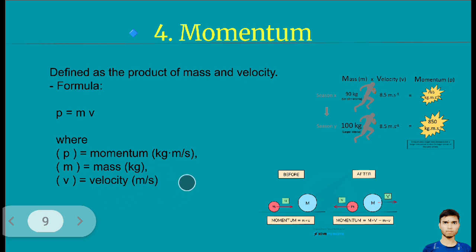That's why it is meter per second. The unit of speed is meter per second, the SI unit of time is second, and the SI unit of mass is what? Kg. So the formula of momentum is mv.